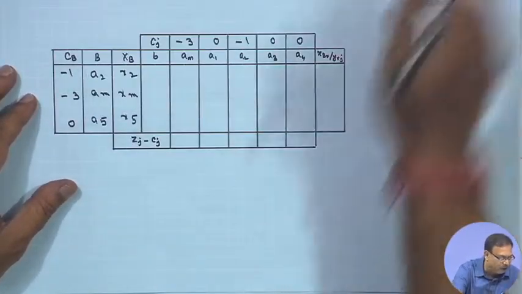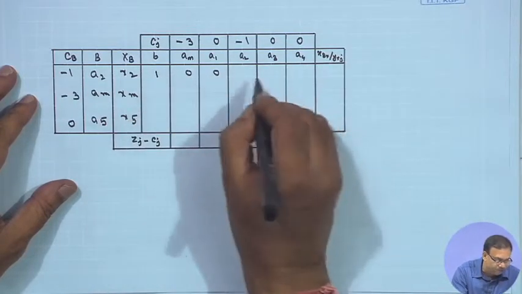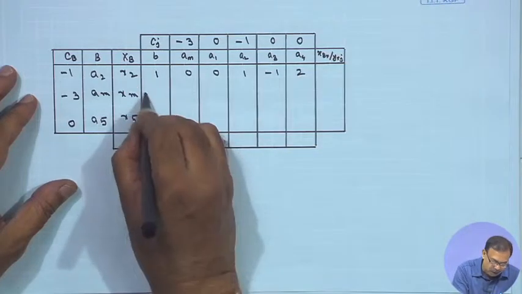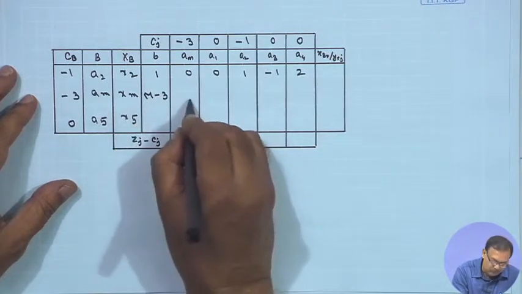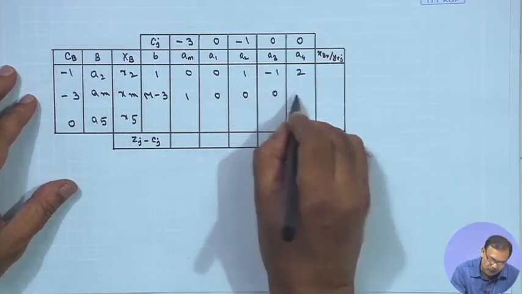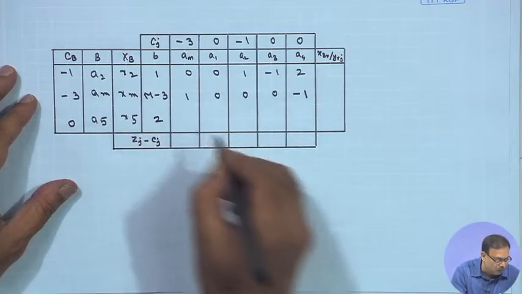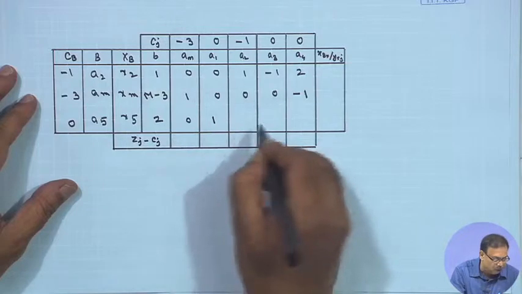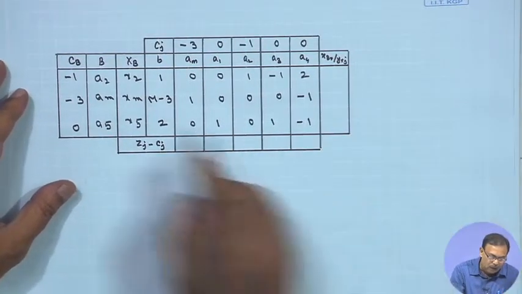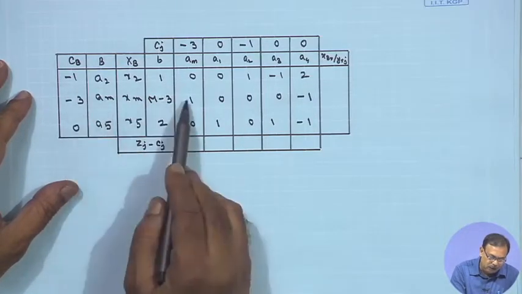So, after doing this I will find that 1 0 0 1 minus 1 2, this is M minus 3, 1 0 0, 0 minus 1, this one will be 2 0 1 0 1 minus 1. So, now calculate the Zj minus Cj, you know it: 3 minus 3 plus 3.